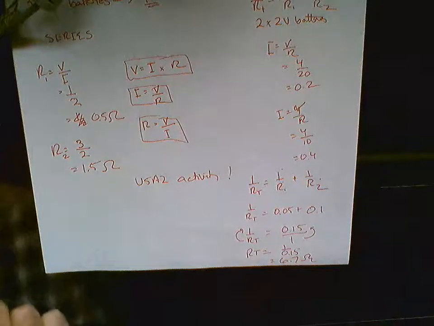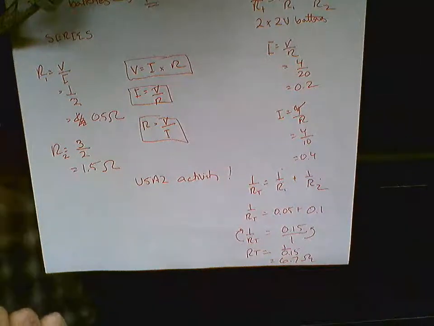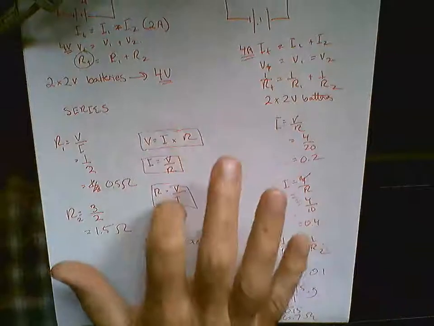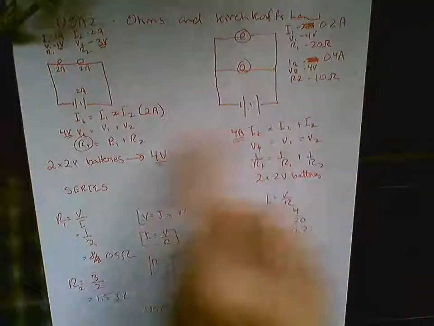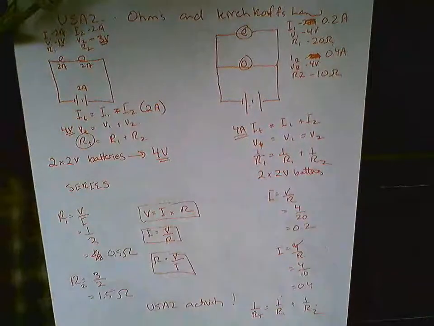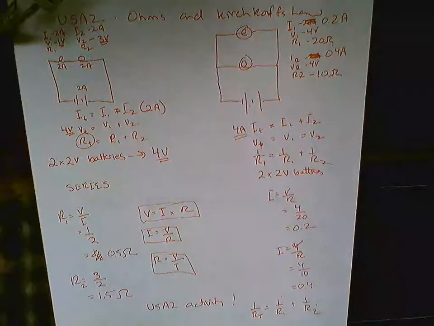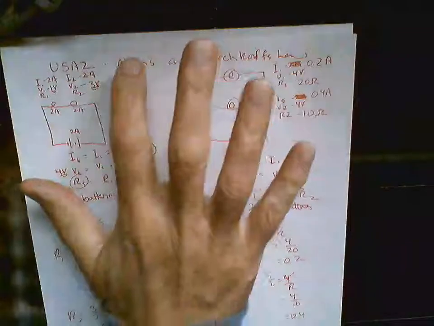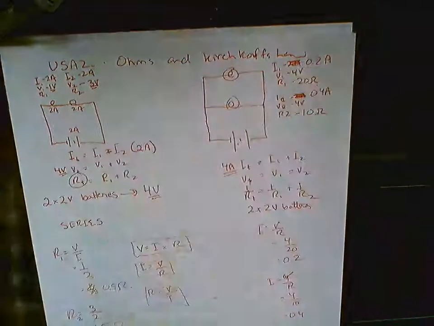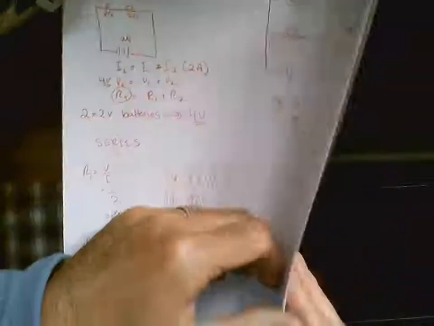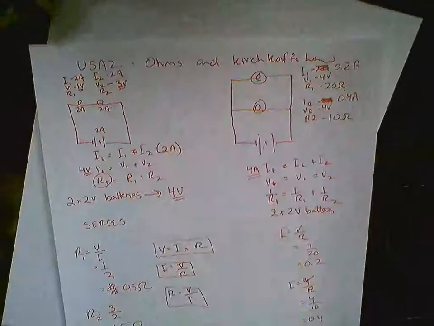I suggest you look at the content. It goes into a little more detail, but I show you the formulas you need, and the rules you need for figuring out amps, volts, and resistance in series and in parallel. What I don't do is name Ohm's and Kirchhoff's rules as I go through this. Okay, that looks like that's the end of U5A2.